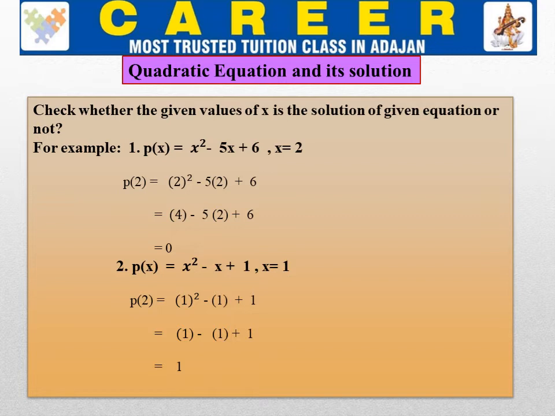But in the second example, P of x is equal to x square minus x plus 1, where x equals 1. Just replace x by 1 in the equation. You can see P of 1 is equal to 1, so P of 1 is not equal to 0. That means x equals 1 is not a solution of the equation.